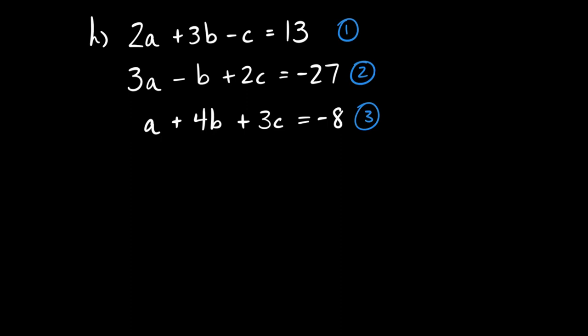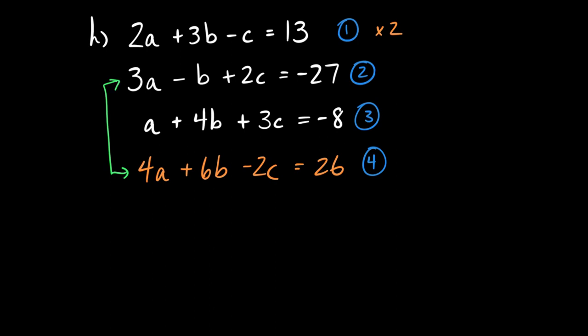Okay, for me to do that, I'm going to have to multiply equation 1 by 2. That is going to give me a new equation. That new equation will be 4a plus 6b minus 2c equals 26. I just unsimplified that equation. I now get equation 4. I did that so that equation 2 and now equation 4 would have the same coefficient on my C's.